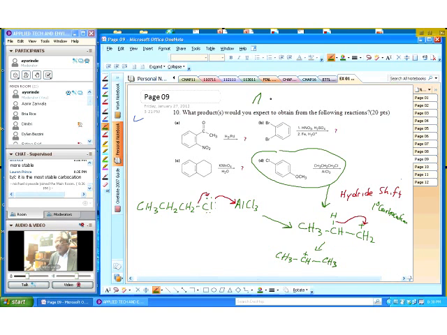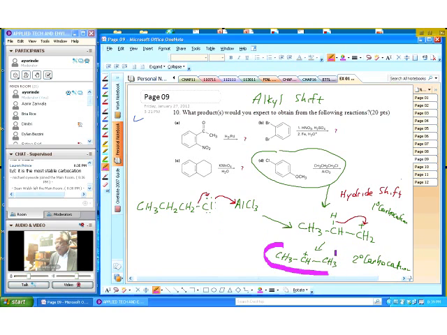The alkyl could be a methyl group, a propyl group, any alkyl could shift. So now we form, at this point, a secondary carbocation. Now it is this secondary carbocation that will react as your electrophile.